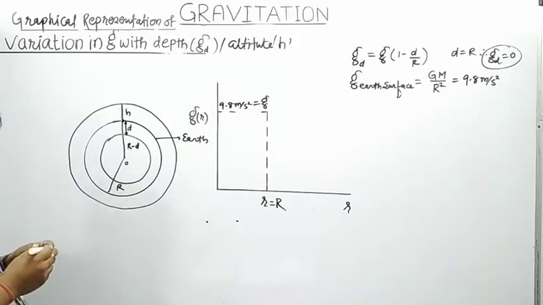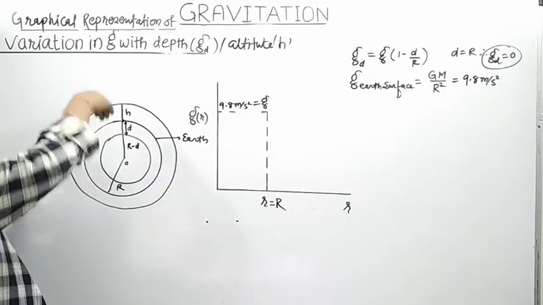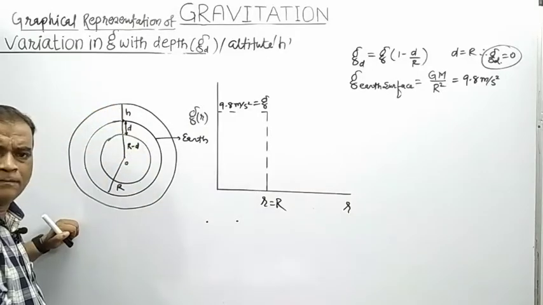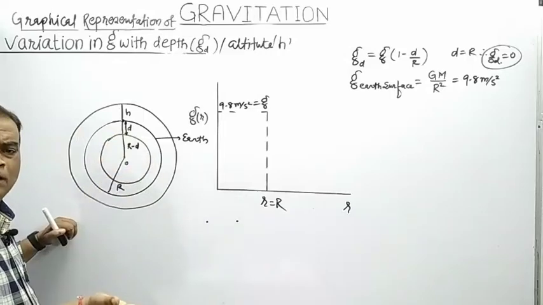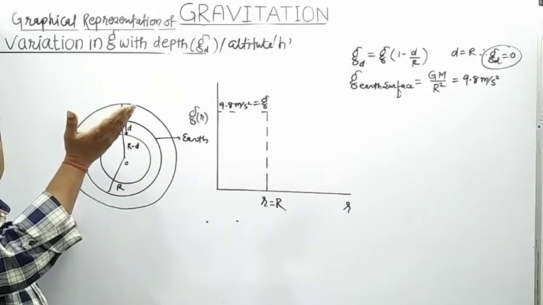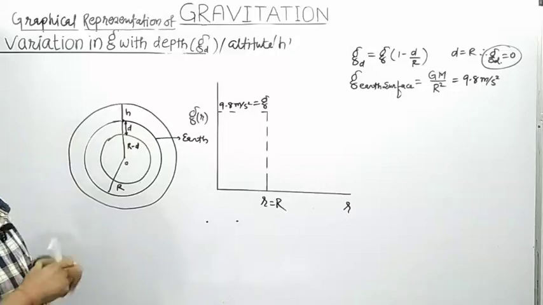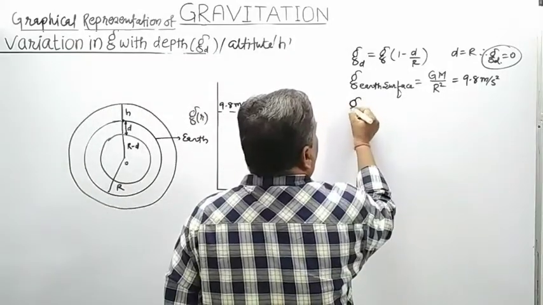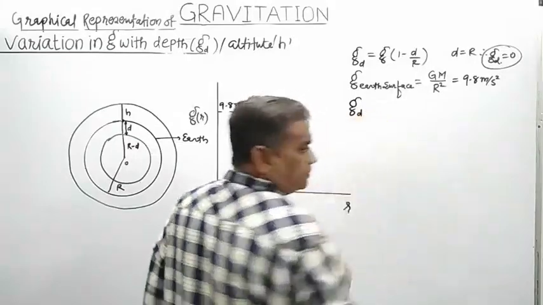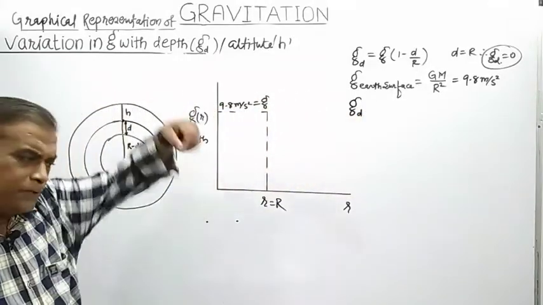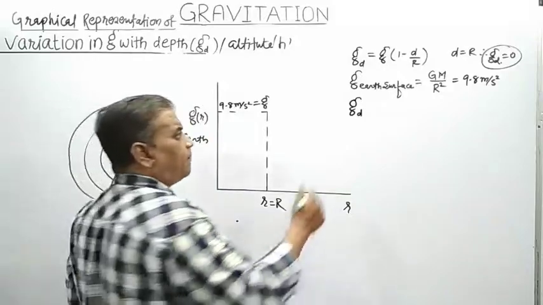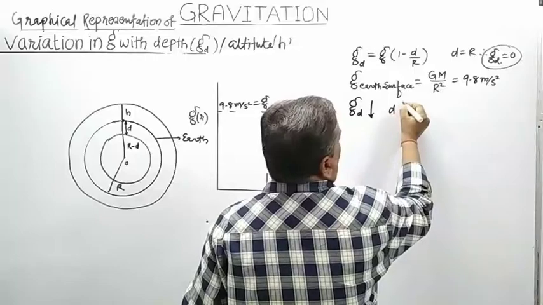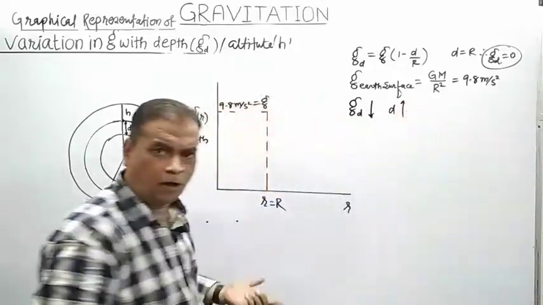Now we know very well that when an object is moved to a depth below the surface, or moved to a height above the surface of the earth, remember that the acceleration due to gravity, when the object is taken to a depth, will decrease as the depth increases.